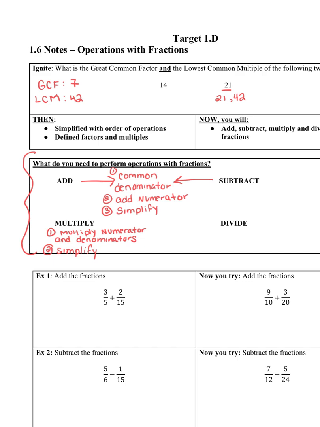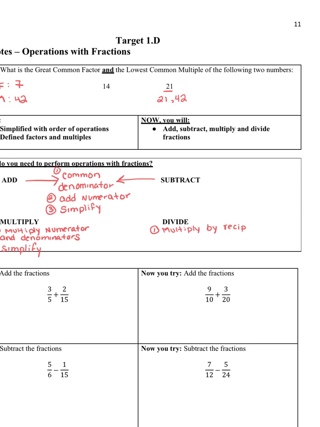You are going to simply multiply by the reciprocal of the second fraction, and of course, simplify if necessary. You always want to simplify.